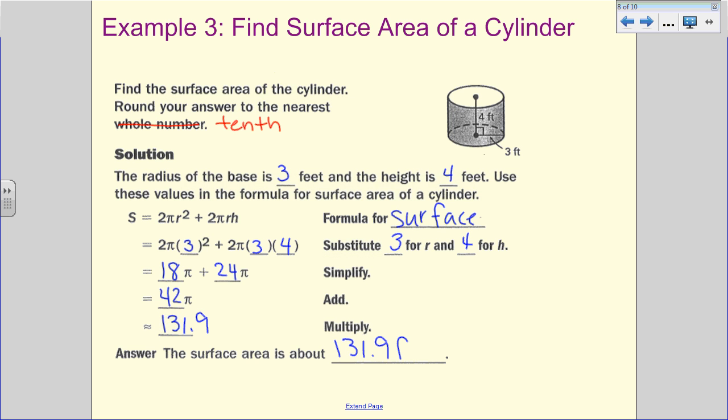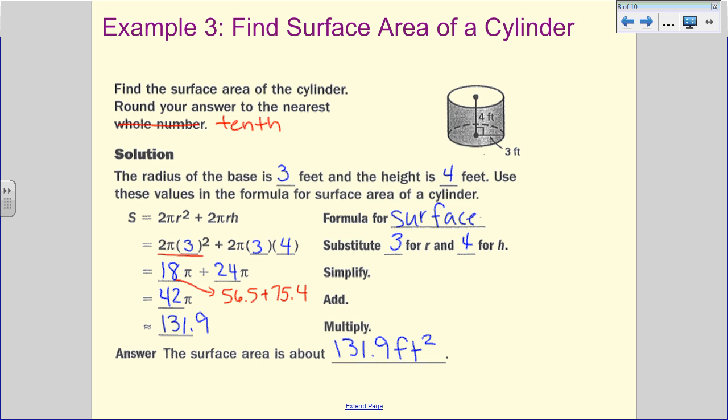And so it's about 131.9 feet squared. Now I want you to realize that here, if you had just multiplied all of this together, you would have had 2 times pi times 9, which would have given you 56.5. And then here, if you had done 2 times pi times 3 times 4, this would have given you 75.4.